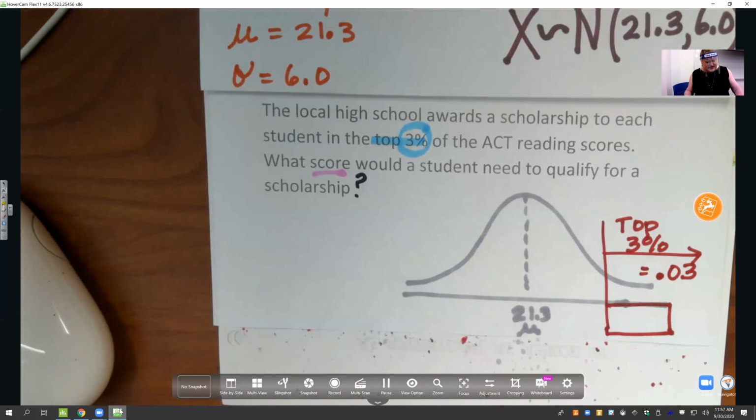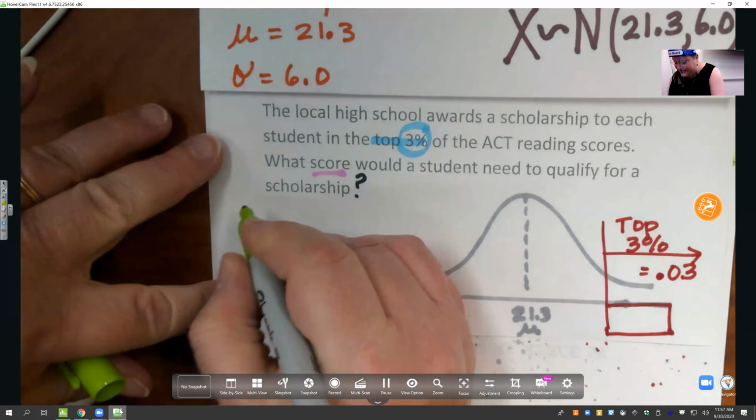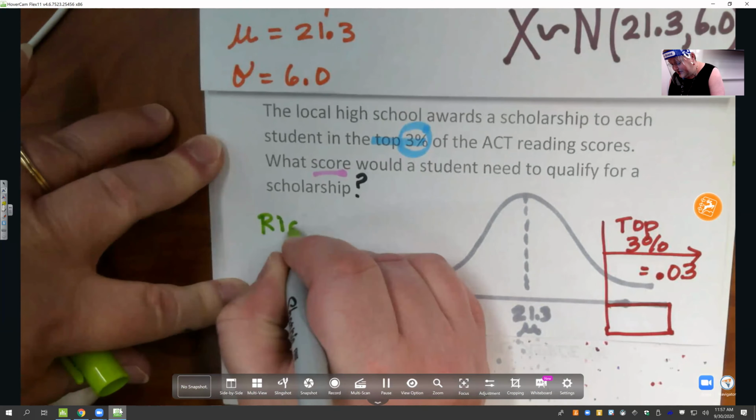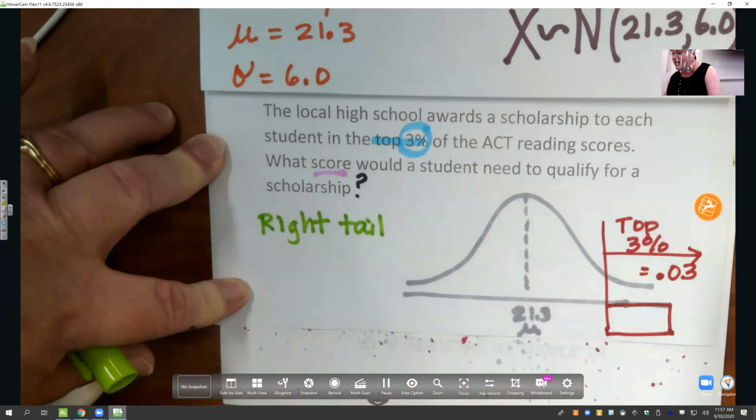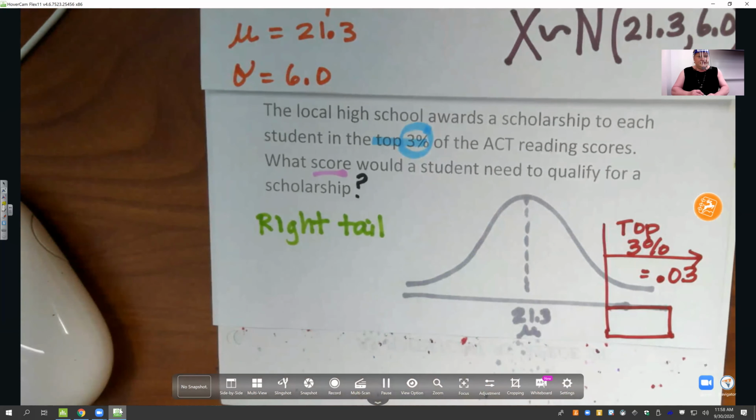I tried to stress that to you because when you go to do your command in Minitab, this time it's a right tail because I want that upper end.